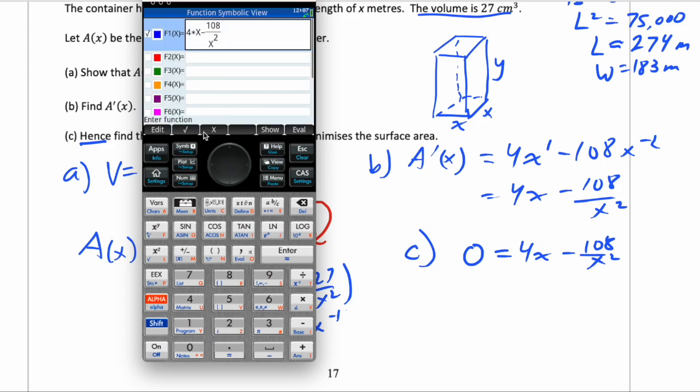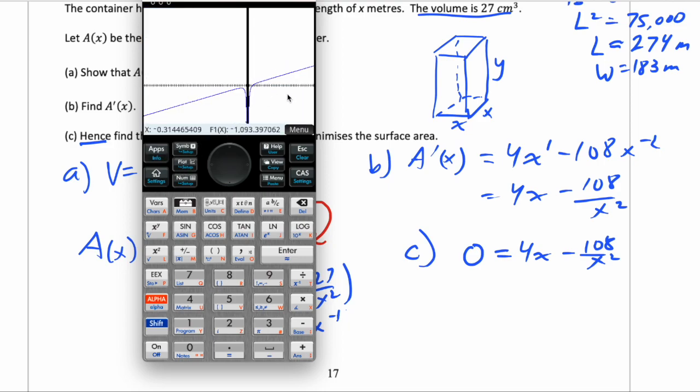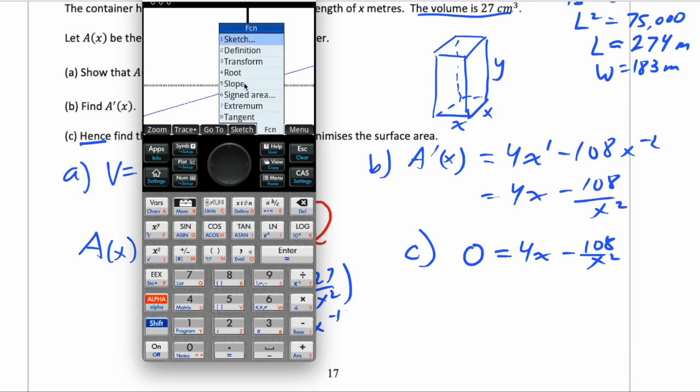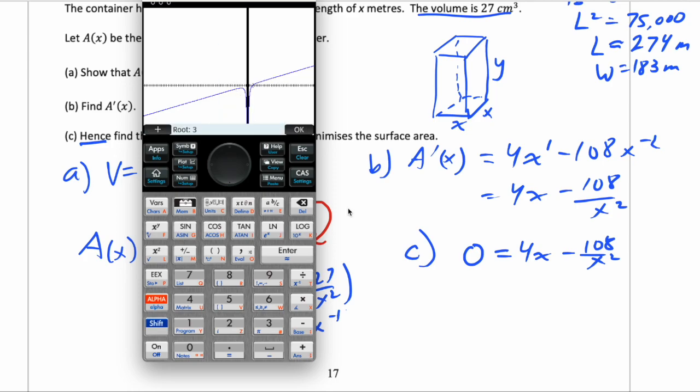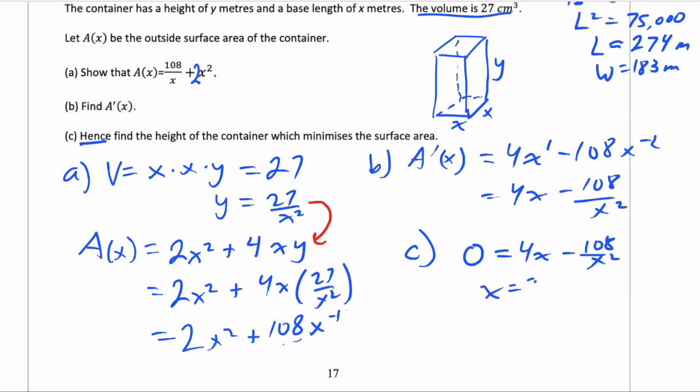Okay, so let's just plot. It's kind of zoomed up. You can see this one x-intercept right there. Menu, function, root is 3. So x equals 3. You can draw a simple picture if you want to show what you did. But the question asks you for the height of the container.